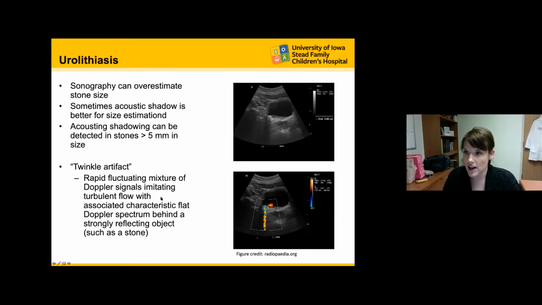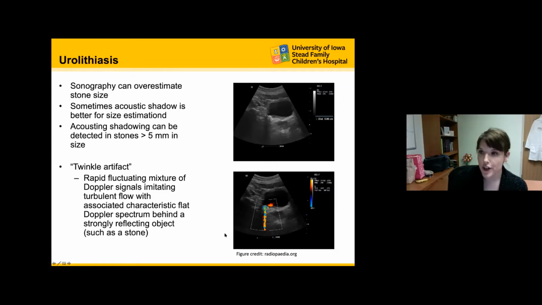It depends on the technician and the position of the patient, but that's something to keep in mind. Sometimes the acoustic shadow that you can see adjacent or posterior to the stone is actually more representative of stone size than the actual stone measurement itself. And acoustic shadowing usually can be seen in stones greater than 5 millimeters in size.